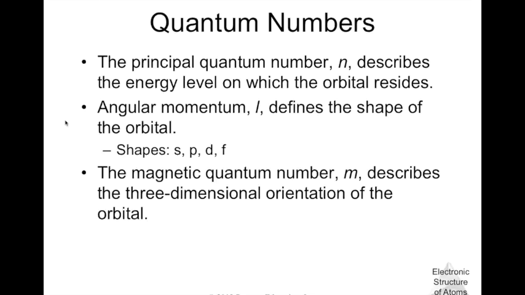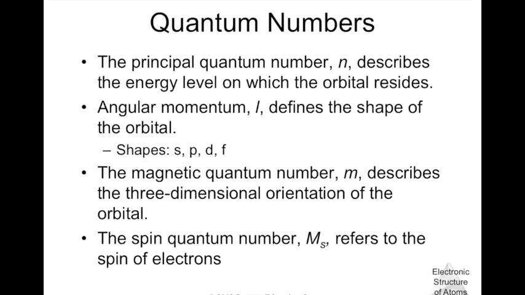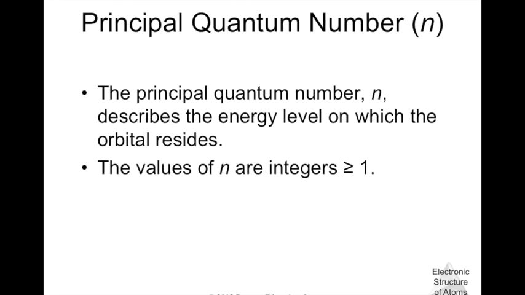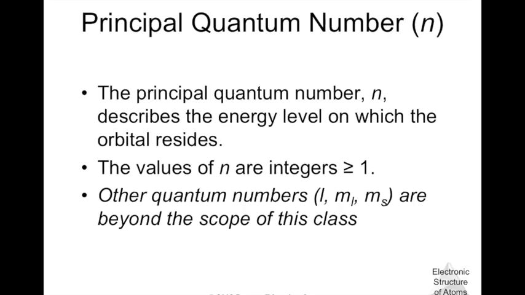The magnetic quantum number describes the orientation of the orbital, and then the spin quantum number refers to the spin of the electrons. When we're talking about the principal quantum number, like I said, it describes the energy level on which the orbital resides, and basically they're integers greater than or equal to 1. The other quantum numbers we don't really need to worry about. Certainly not calculating them or the actual numbers.